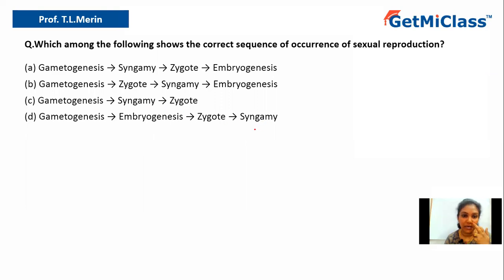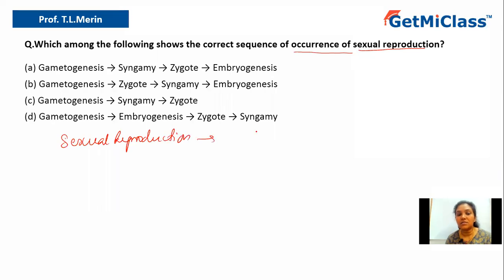So let us try to understand here. It says, which among the following shows the correct sequence of the occurrence of what are they asking about? The occurrence of sexual reproduction. So how does sexual reproduction occur? There are different phases. First of all, let us talk about sexual reproduction.